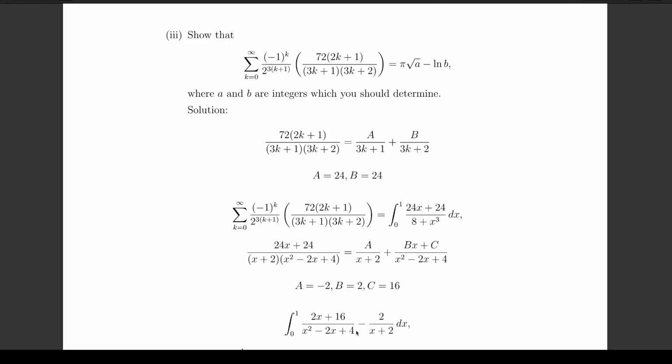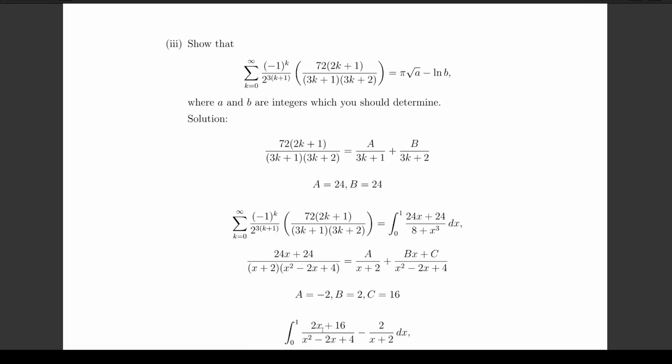It's just ln. And then we have something like this, which would be nice if, well, it's almost a log as well, right? Like a reverse chain rule. Because this bottom one would differentiate to 2x minus 2, right?